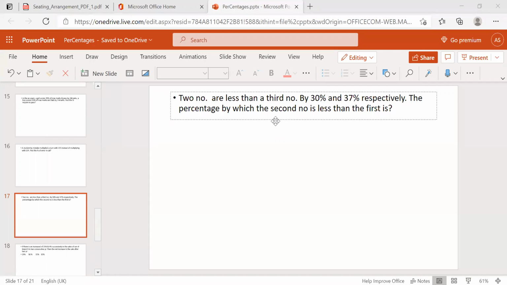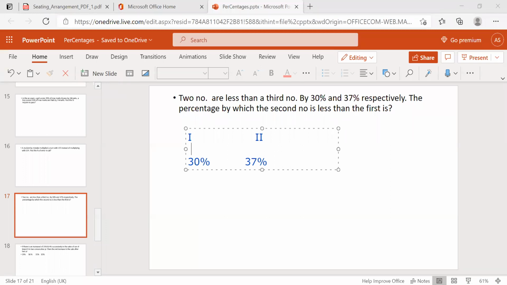So first we know these two numbers. The first number is 30% less, and the second one is 37% less compared to the third number, right?